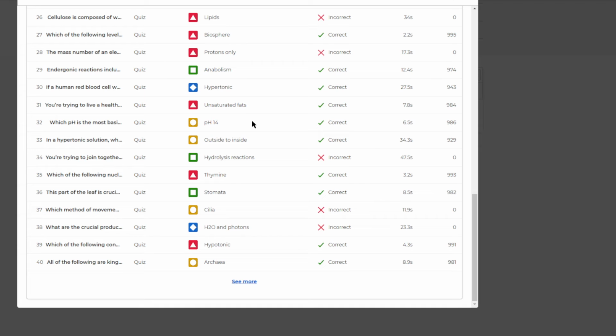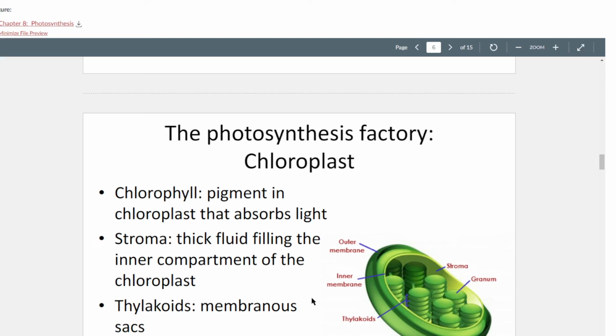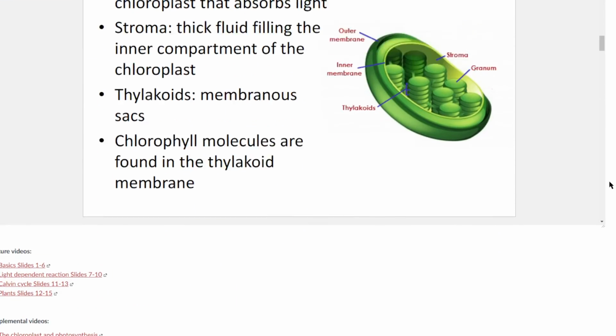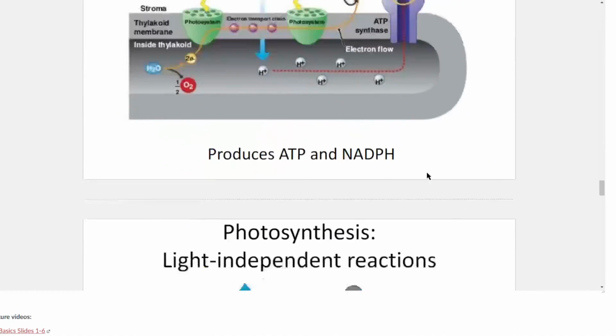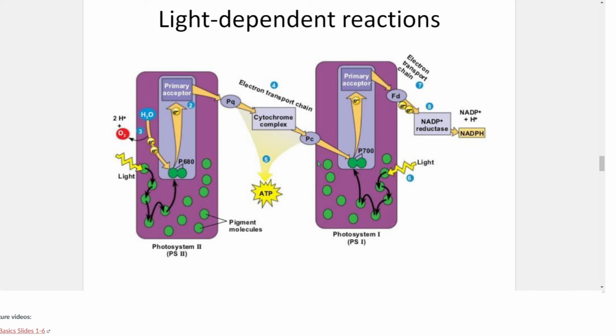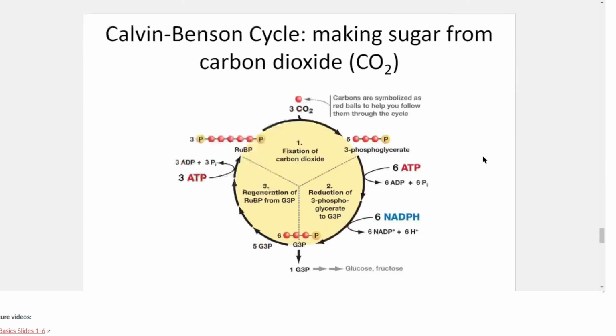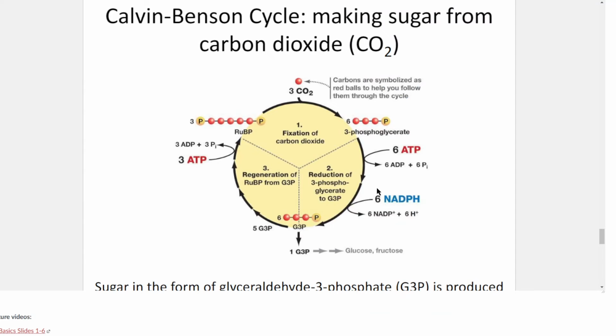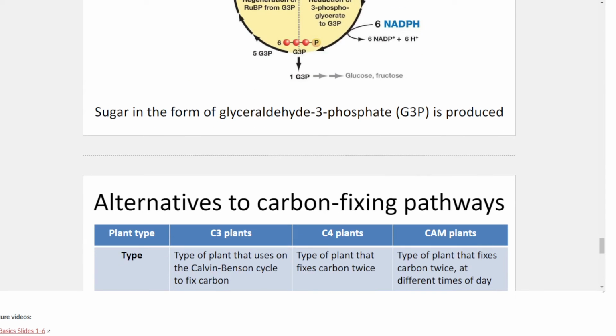So those two things will be moved to the Calvin cycle, and we'll use them. Please watch my video on photosynthesis if you're still confused. Look, ATP and NADPH are made, and in the Calvin cycle we see ATP and NADPH being used.